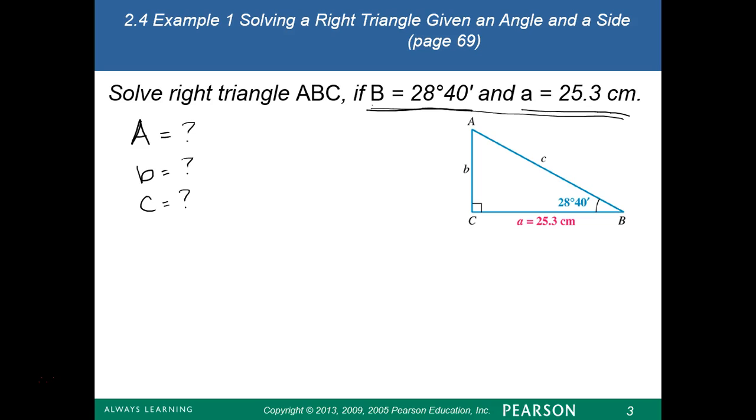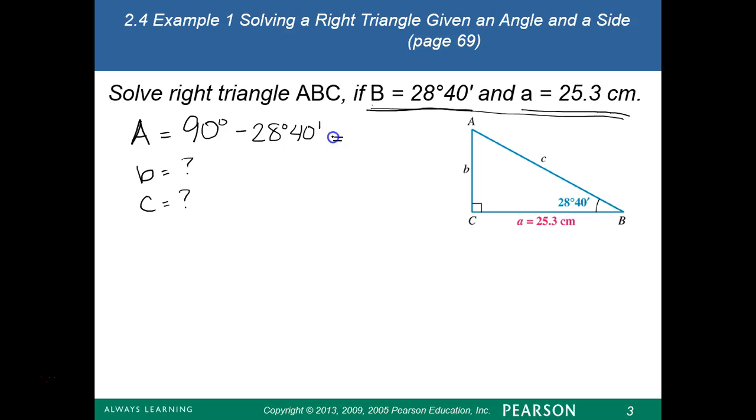What I say to start with, if you already have one angle given to you up in the given information, because this is a right triangle, these two angles, A and B, are always complementary, meaning they add up to 90 degrees. So take the angle that you are given and solve for your other angle. So in this case, we're going to figure out what A is equal to. And A is equal to 90 degrees minus your 28 degrees and 40 minutes.